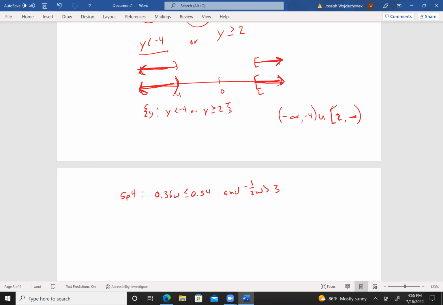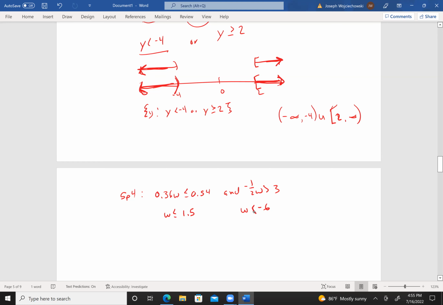So here, if I divide by 0.36, W is less than or equal to 1.5. Here, if I multiply by negative 2, W is less than negative 6.